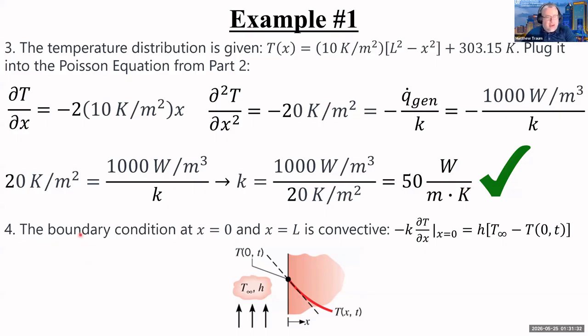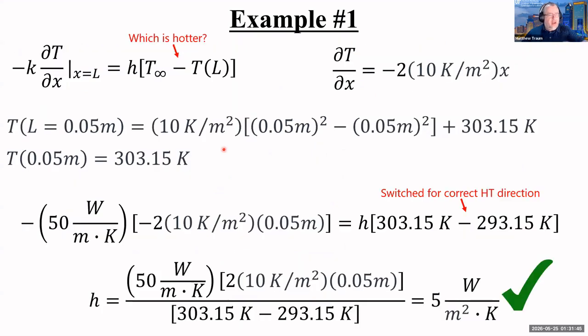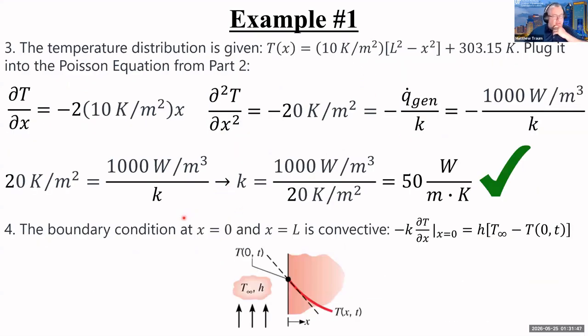The second thing that we have to do was find the convective heat transfer coefficient. We just found the thermal conductivity, and now we have to find the convective heat transfer coefficient. I'm going to solve that by recognizing what happens at the boundary.